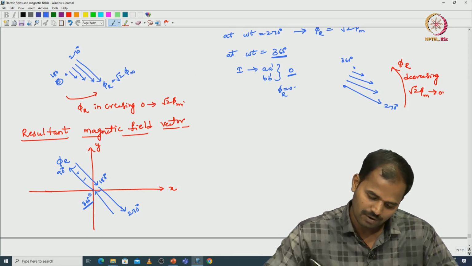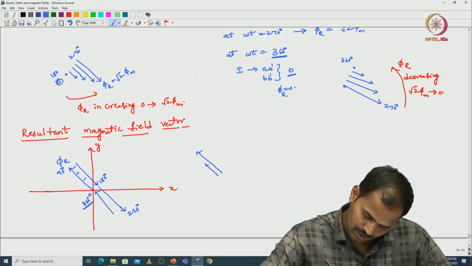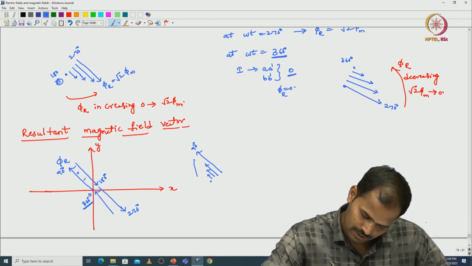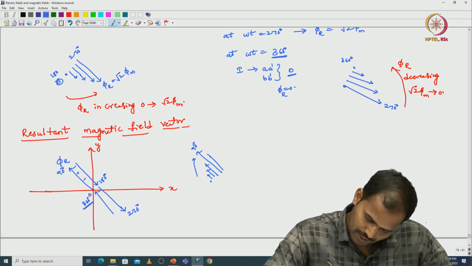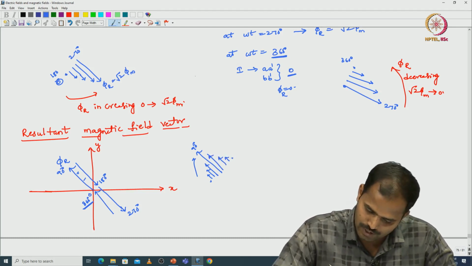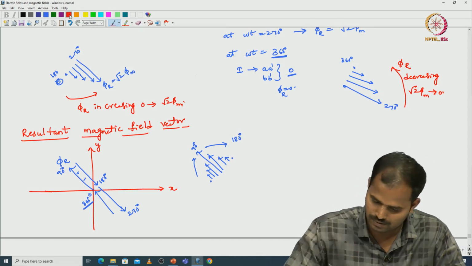With respect to our analysis, if we draw the vector plot from 0 to 90 degrees, the vector magnitude is increasing, and then from 90 to 180 degrees the vector magnitude is decreasing and it reaches 0 at 180 degrees.